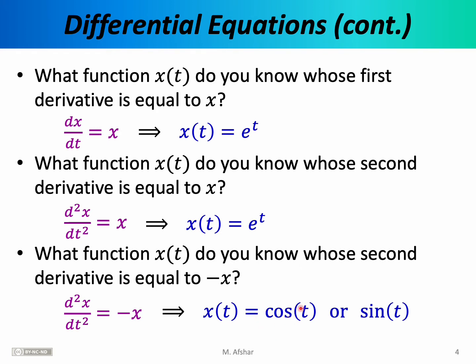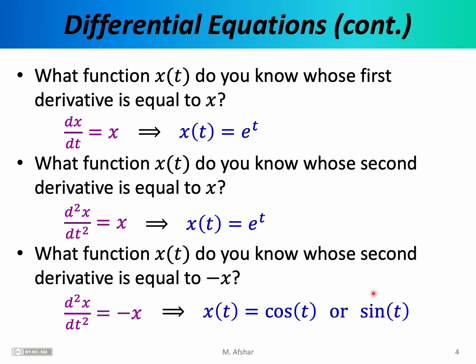Well, if you take the cosine of t and you take its derivative, you'll get minus sine of t. And if you take a second derivative, you get minus cosine of t. So you get back to the original function, but with a minus sign in front. Of course, you might be thinking, but wait a second, sine of t has basically the same property.